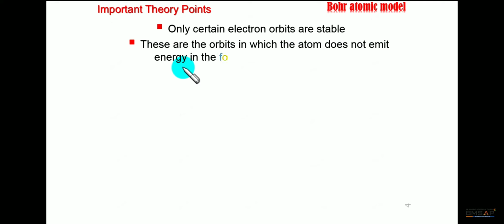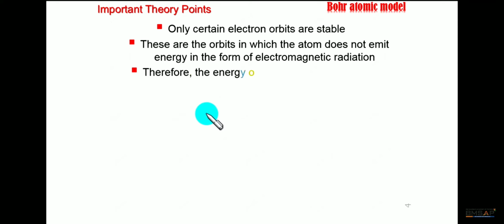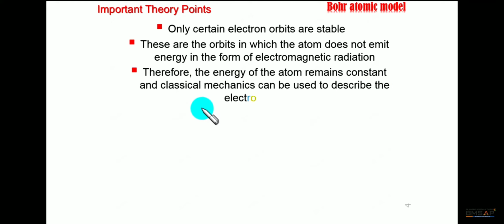That means when the electron is orbiting in these stable orbits, the energy of the atom remains constant, and classical mechanics can be used to describe the electron motion. The conservation of energy equation can be applied.